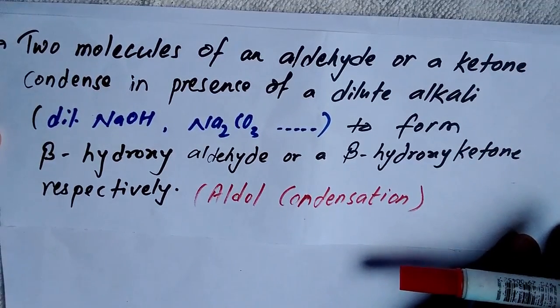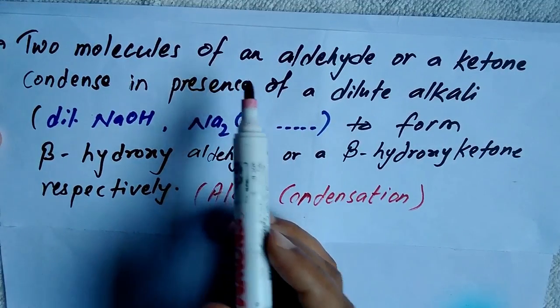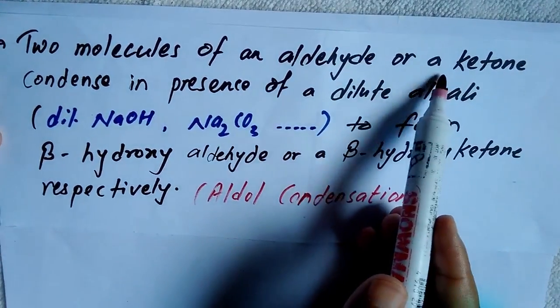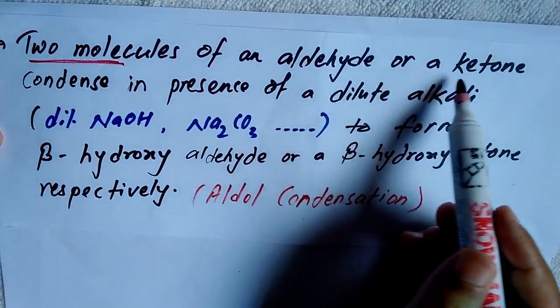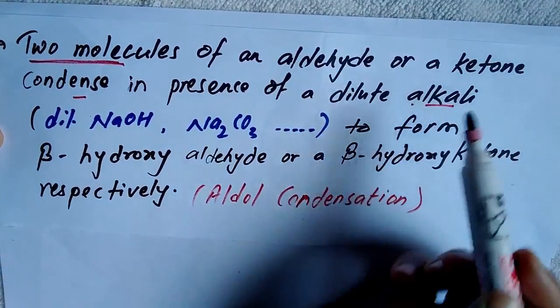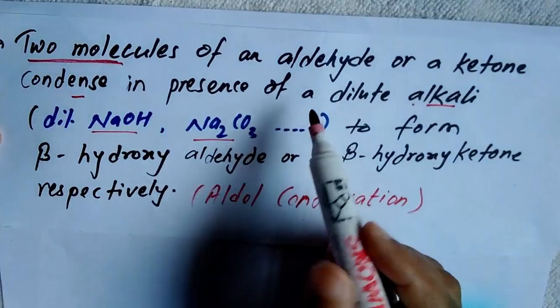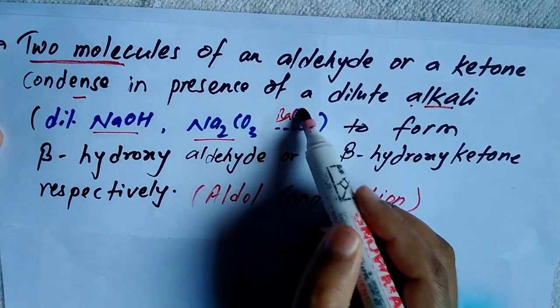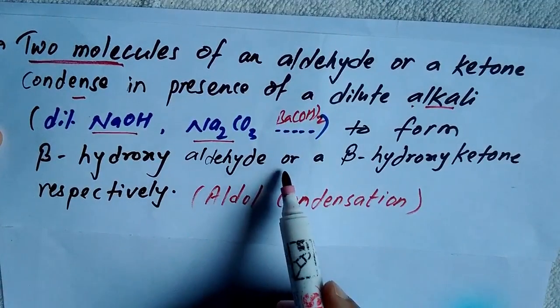How can we define aldol condensation? Two molecules of an aldehyde or a ketone condense in the presence of dilute alkali. Dilute alkali may be NaOH, Na2CO3, Ba(OH)2, to form a beta hydroxy aldehyde.